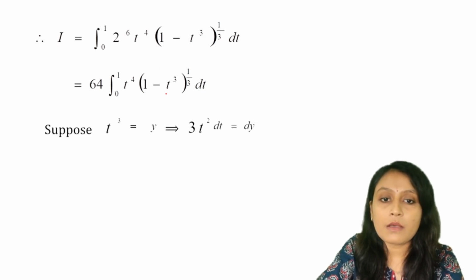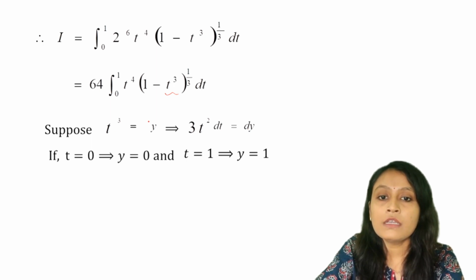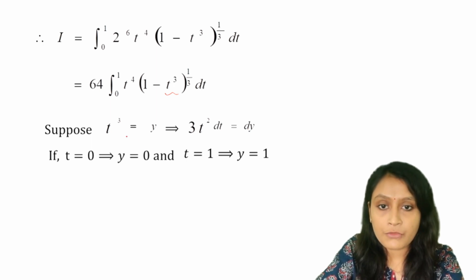Now we will suppose t³ is equal to y, so you will get 3t² dt is equal to dy. Now we will change the limit also. For t equal to 0, y is equal to 0, and for t equal to 1, substitute over here, so you will get y equal to 1.